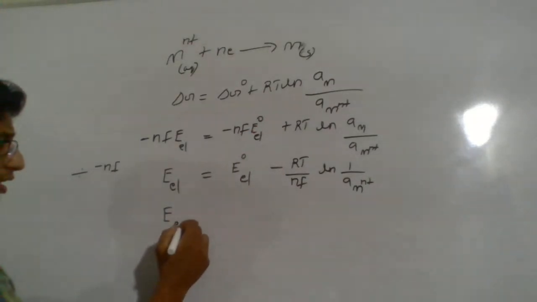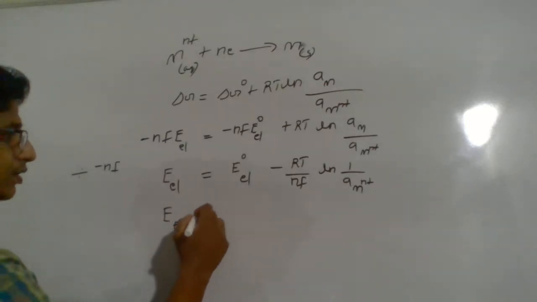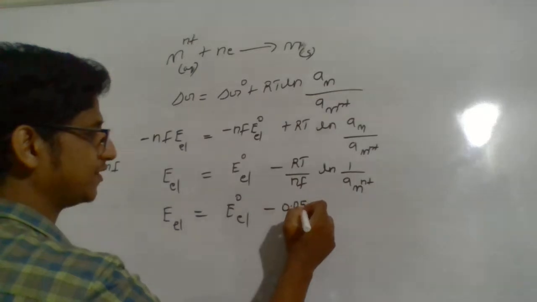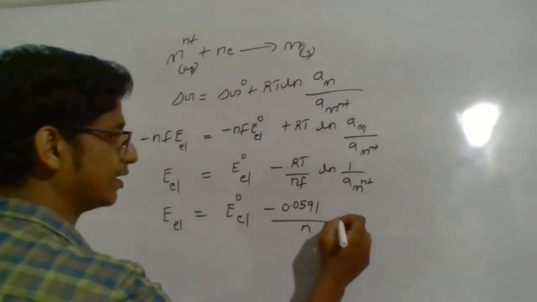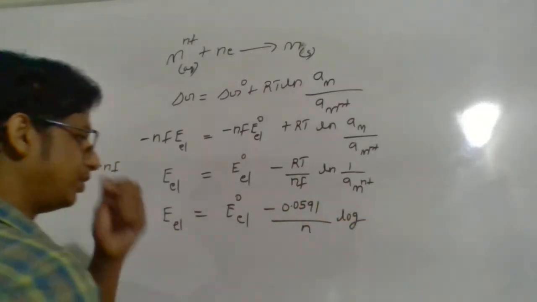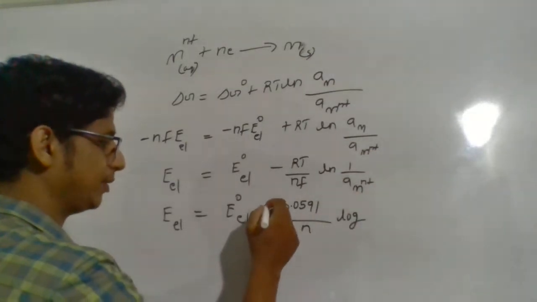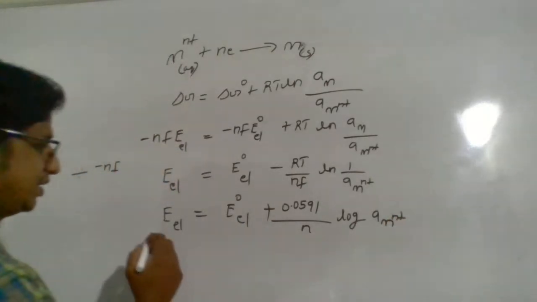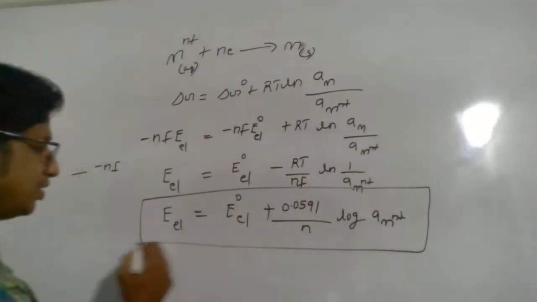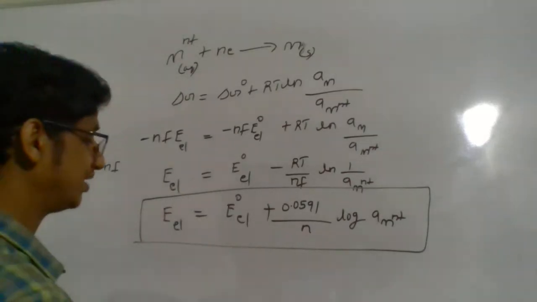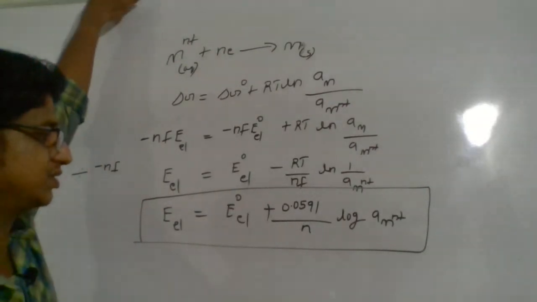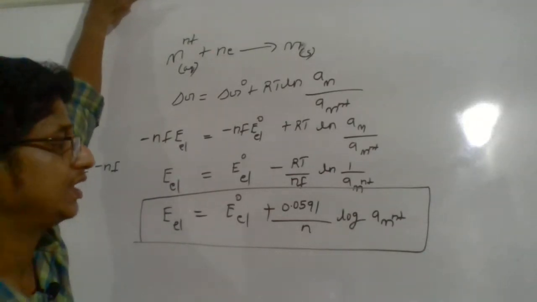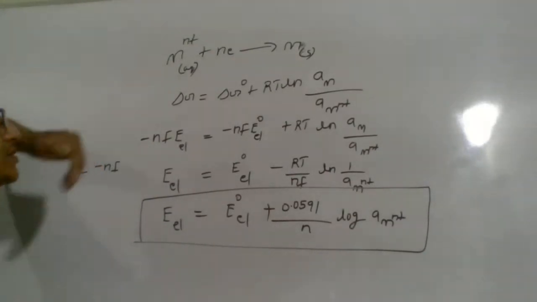E electrode equals E0 electrode minus 0.0591 divided by n log. Now let us bring this up so that it will be plus: log of the activity of M^n+. So that's the final equation, the equation for the electrode potential of an electrode: E electrode equals E0 electrode plus 0.0591 divided by n log of the activity of M^n+.